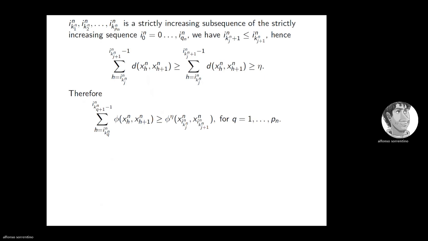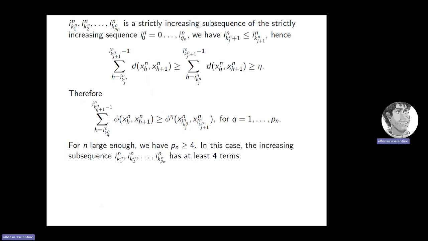And therefore, if you take the sum here, because this is bigger than this one, it's larger than this sum, which by the definition of the i_n, you have two consecutive terms here, so this is larger than eta. So this is larger than eta, but I can estimate the cost of this piece of chain between i_{n,k_l} and i_{n,k_{l+1}} minus 1.